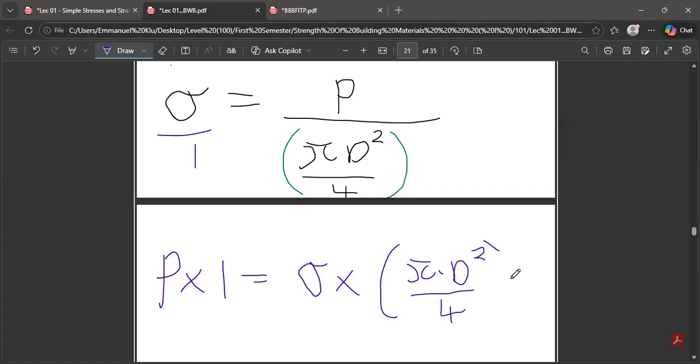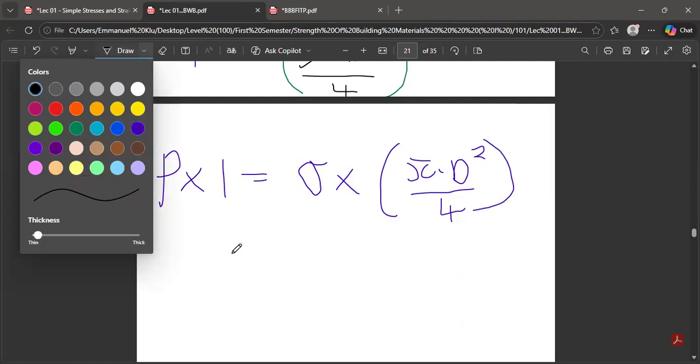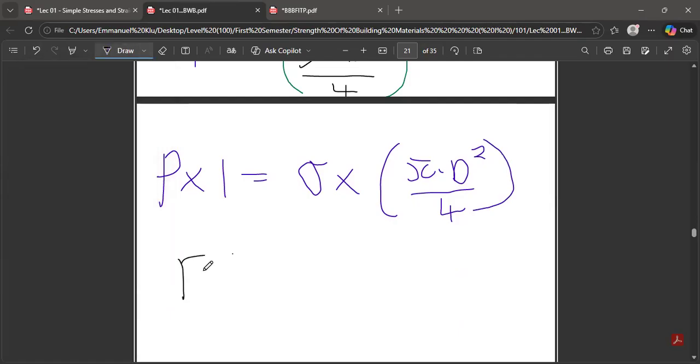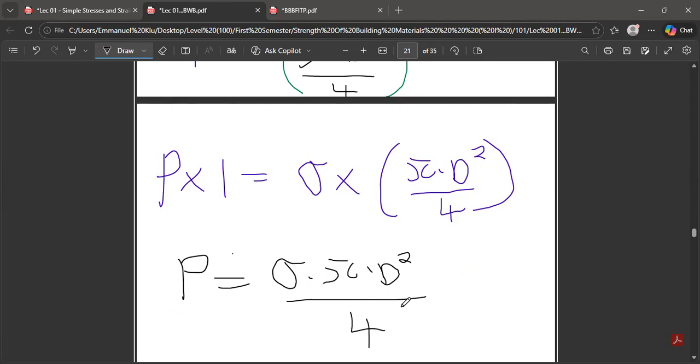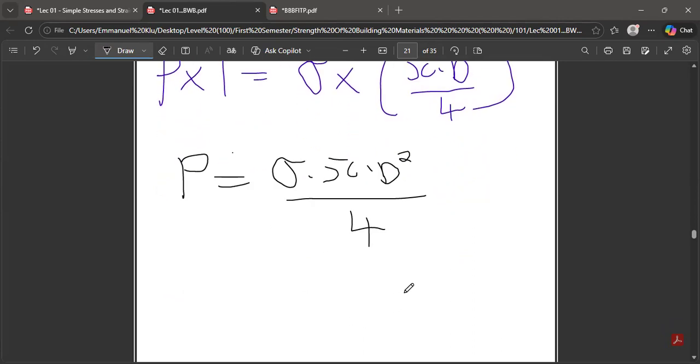Okay, good. This that I've written over here is the same as what I'm coming to write over here again. So P is equal to stress multiplying pi, times the diameter squared, all over 4. So another cross multiplication can go on again.